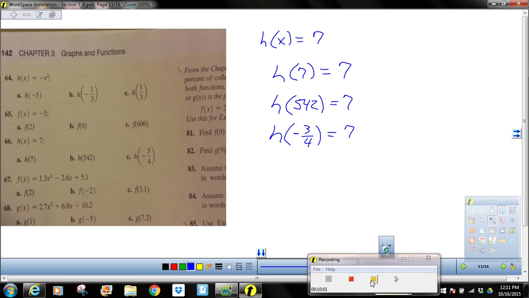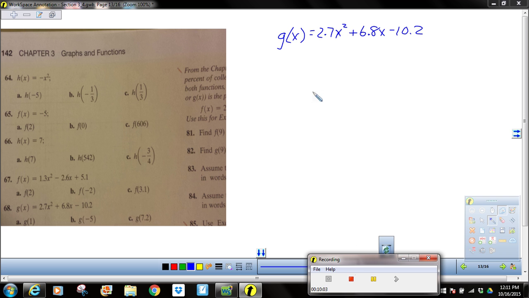Okay, number 68. I don't have a calculator on me, so I may not do some of these calculations for like 7.2, but I will go ahead and do the first two, which is g of 1, because I believe I can probably do that one in my head.